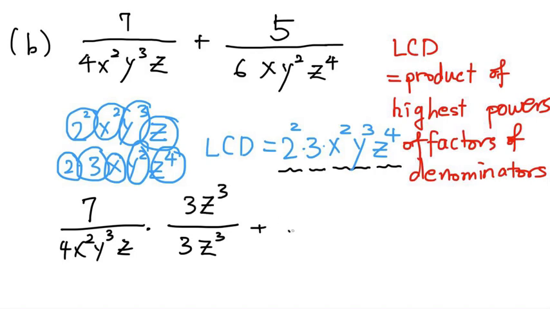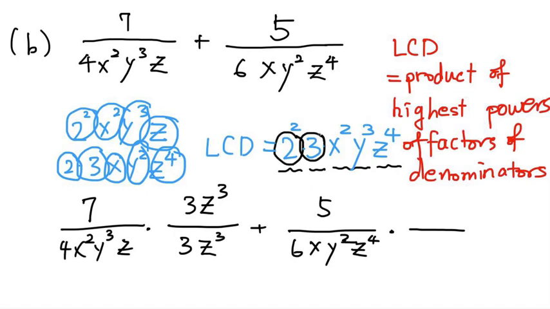Okay, now let's work out the second rational expression. Think about what is missing in the denominator. So 6 is 2 times 3, so we have one factor of 2, one factor of 3. They make 6. So we are missing one more factor of 2. Multiply 2.